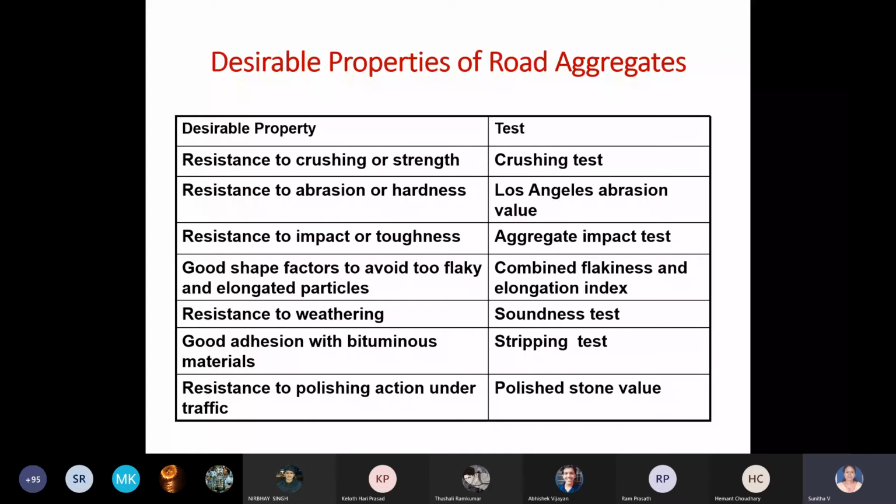Whether it's too flaky or elongated, the points of contact and the voids depend on that. So for shape you have to do the combined flakiness and elongation index test. Then resistance to weathering, for which the soundness test is done, because your aggregate should be durable, right?